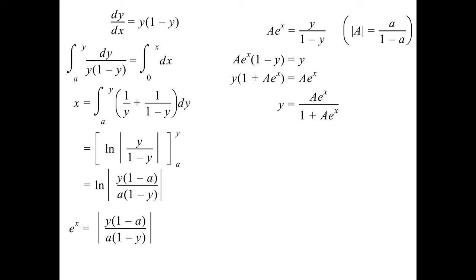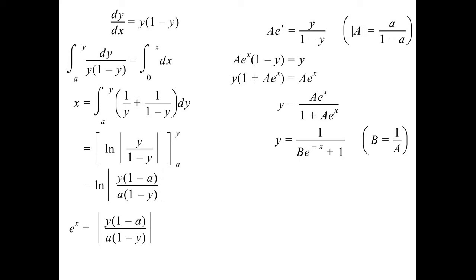Now I'm going to play around with this one as well. It becomes useful in some further calculations. So I'm going to divide everything by Ae to the x. So we would end up with 1 on the top of the fraction, and then on the bottom of the fraction, 1 plus 1 on Ae to the x.